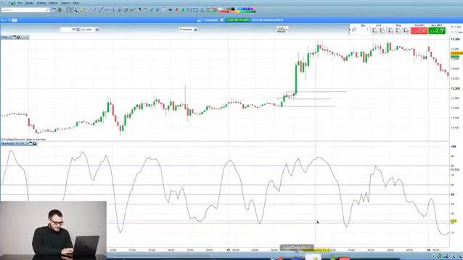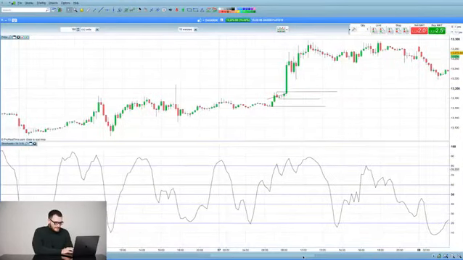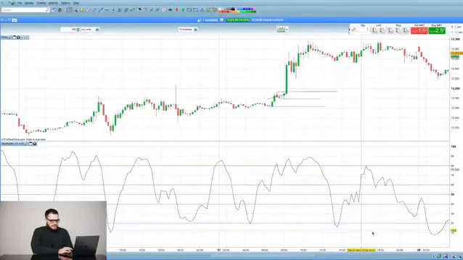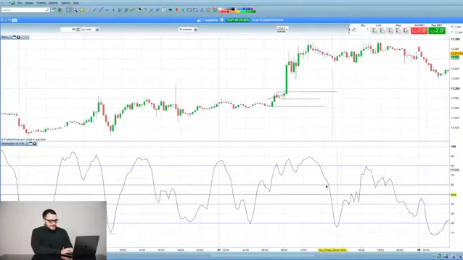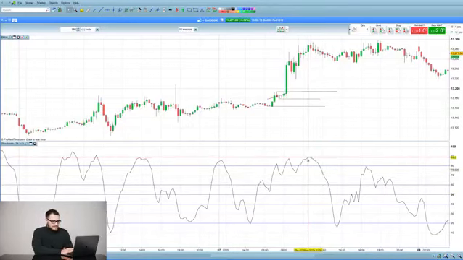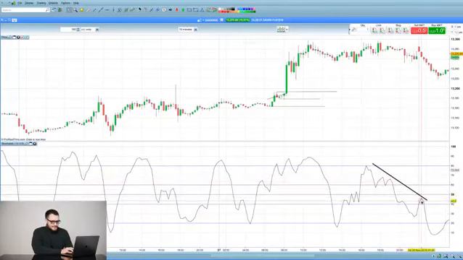Now the same goes for this brilliant structure right here. As you can see, I'm talking about this whole piece right here. And now this is the correlating piece in stochastic. Now watch what happens. We have this powerful peak right here. The next peak is this one. Then we have this one, then we have this one, and then we have finally this one.